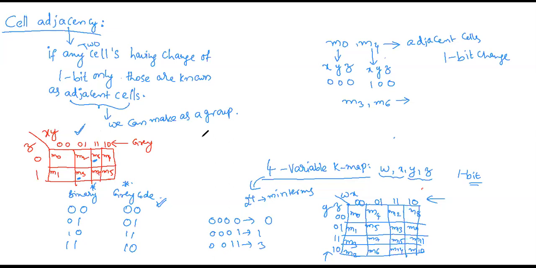What are the corresponding values of M3? M3 values are 0, 1, 0. What are M6 values? M6 values are 1, 1, 0.